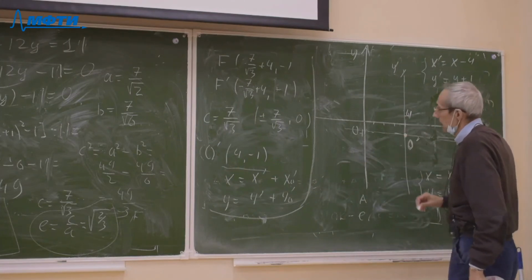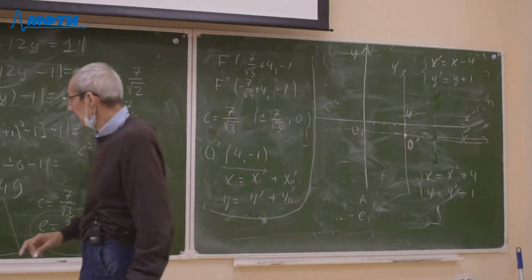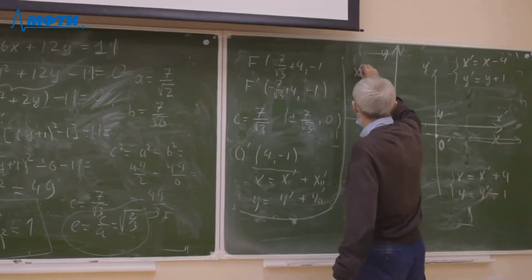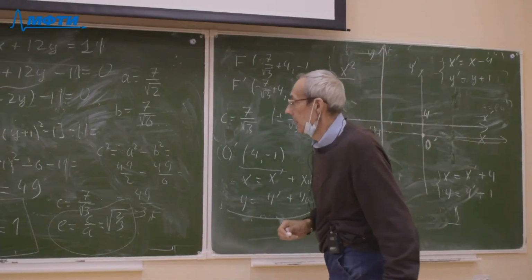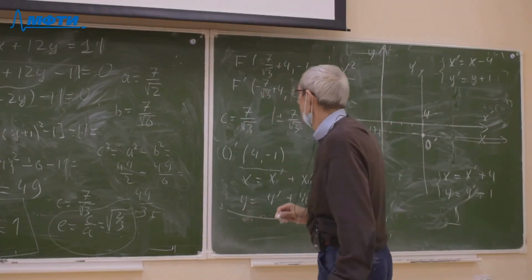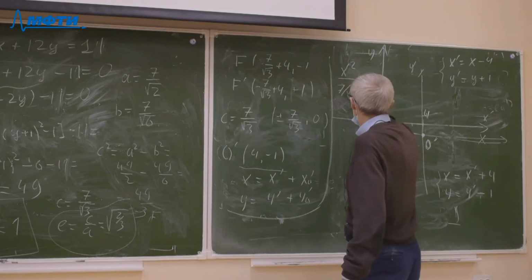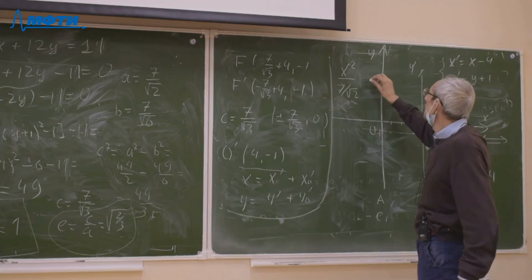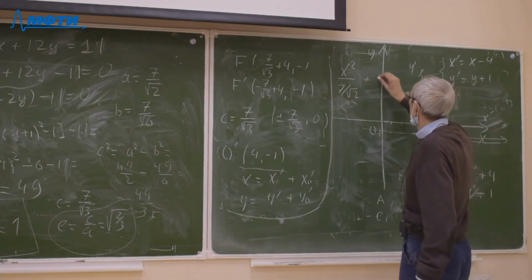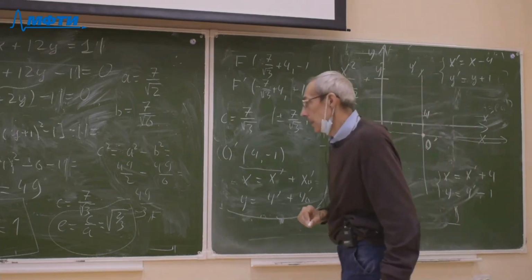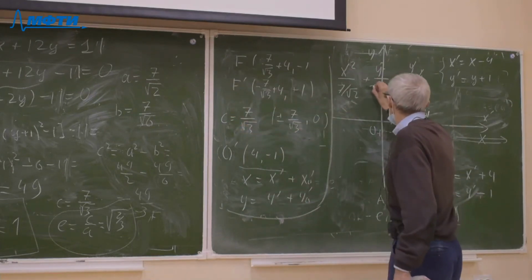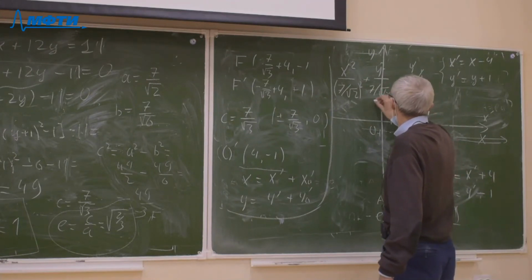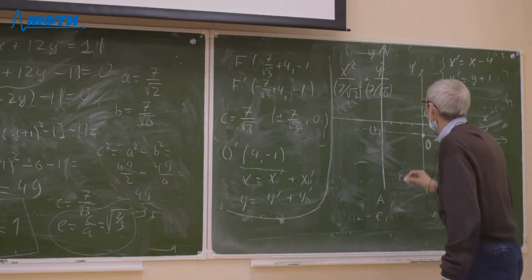But in this coordinate system, we have the canonical equation of the ellipse: x prime square over a square plus y prime square over b square equals 1, where a is equal to 7 root square 2, and b is equal to 7 root square 6.